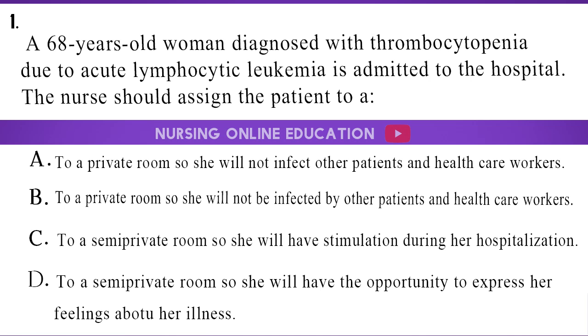1. A 68-year-old woman diagnosed with thrombocytopenia due to acute lymphocytic leukemia is admitted to the hospital. The nurse should assign the patient: A. To a private room so she will not infect other patients and healthcare workers. B. To a private room so she will not be infected by other patients and healthcare workers. C. To a semi-private room so she will have stimulation during her hospitalization.